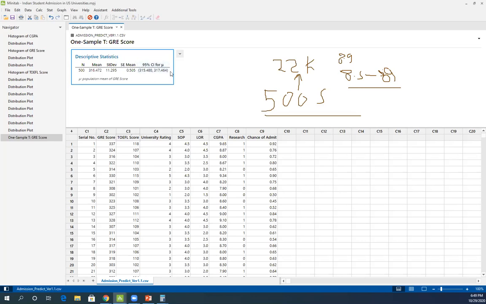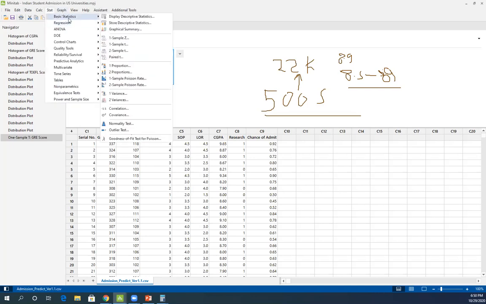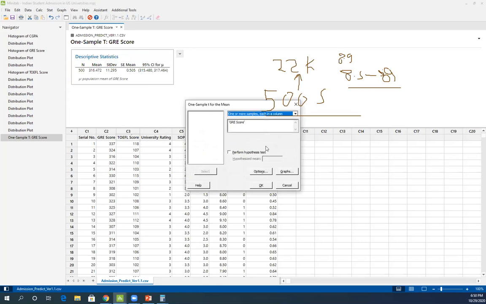Suppose I would like to increase this 95% confidence level. Then I can give a bigger range here. So let's say I'm just going to go from 95 to 99. The range will be bigger. So Statistics, Basic Statistics, one sample, and here I'm choosing the 99% option.